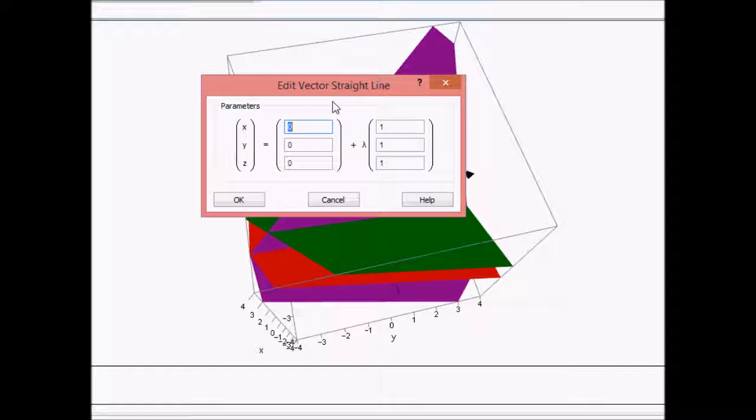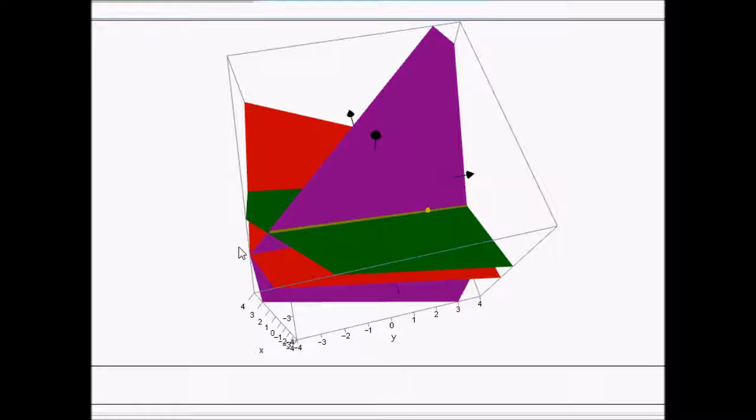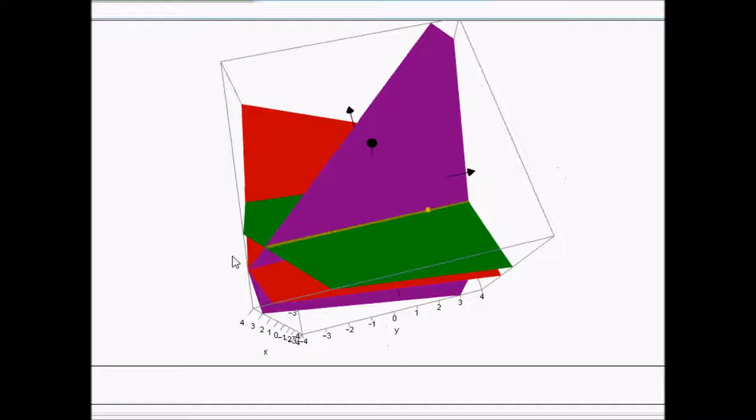The one I did was 0, 11 over 6, minus 7 over 6, 1, minus 4 over 3, minus 1 over 3. Okay, and there's the line of intersection.